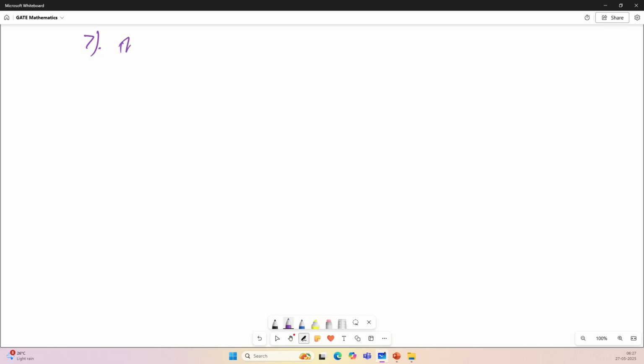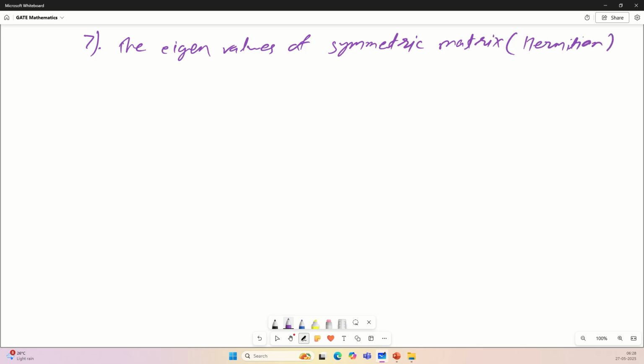So the eigenvalues of a symmetric matrix, or otherwise you can take it up as a Hermitian matrix also, are always real.